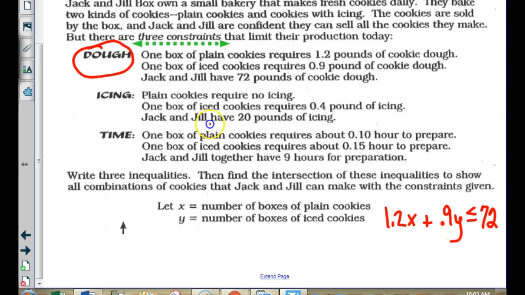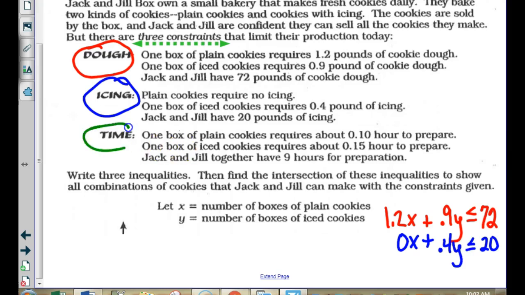All right, then we have an equation about icing. Plain cookies don't take any icing, so we have 0x, but we have how much icing for the iced cookies? 0.4y, and we have to stay less than or equal to 20 pounds of icing.